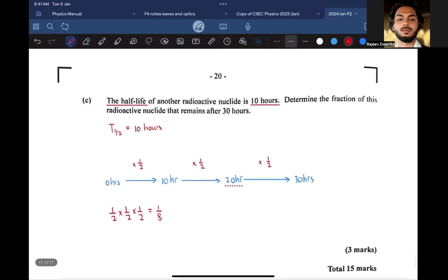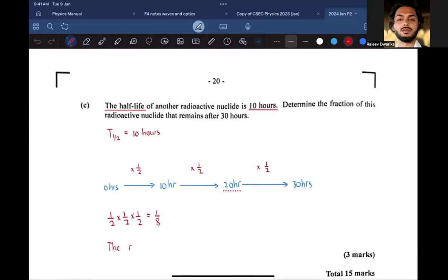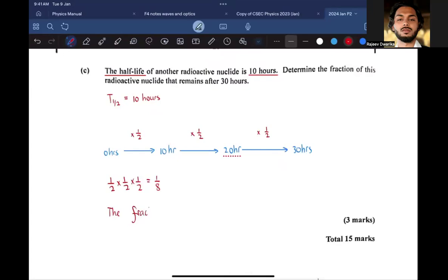So the fraction that remains is 1/8. Guys, I wouldn't advise writing the answer as a decimal, because they literally ask you to determine the fraction.